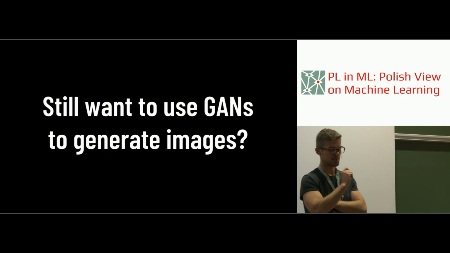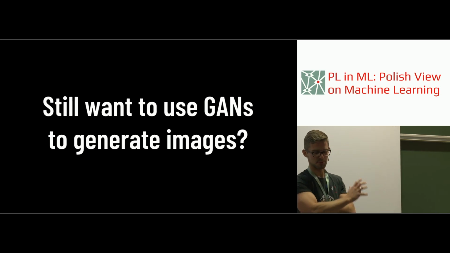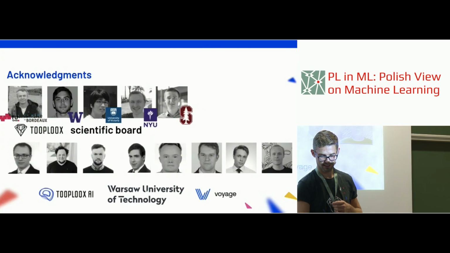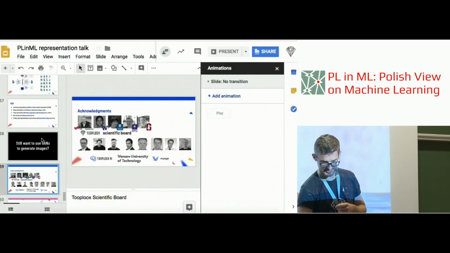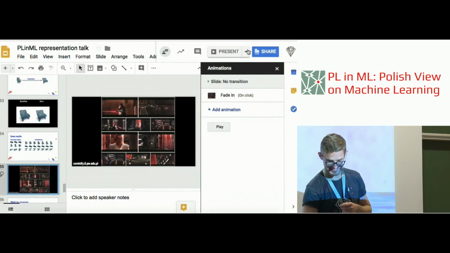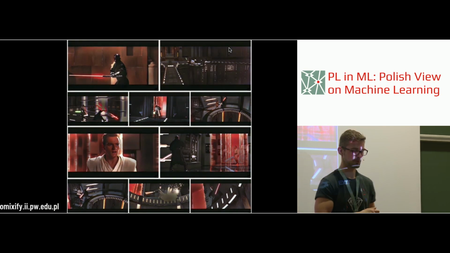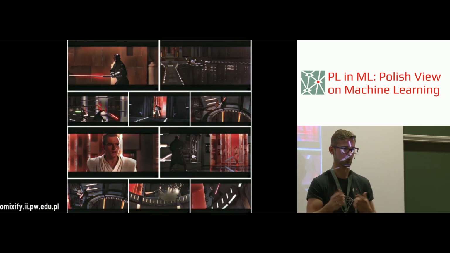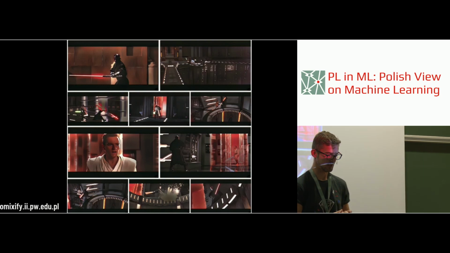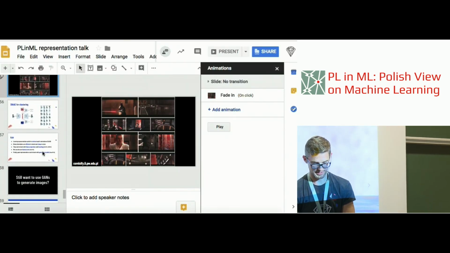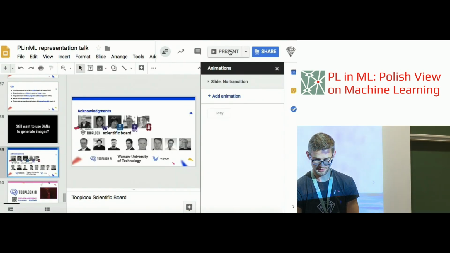I wanted to ask you at the end, if you still want to use GANs for generating those fancy images of faces and so on, then I invite you to Comixify, which is a recent work from Warsaw University of Technology, where we were able to Comixify videos, still with GANs, but generating fancy images. So if you're into that, we can still offer you something.